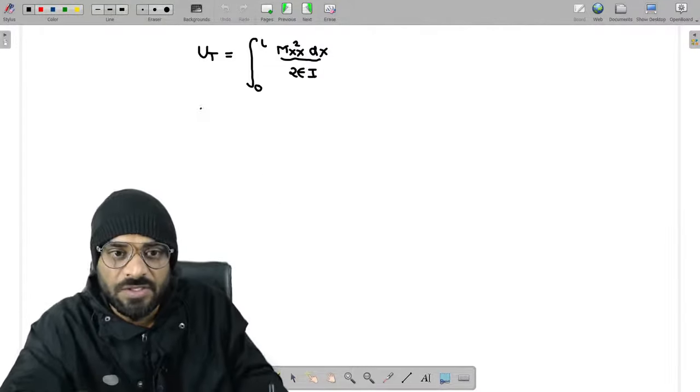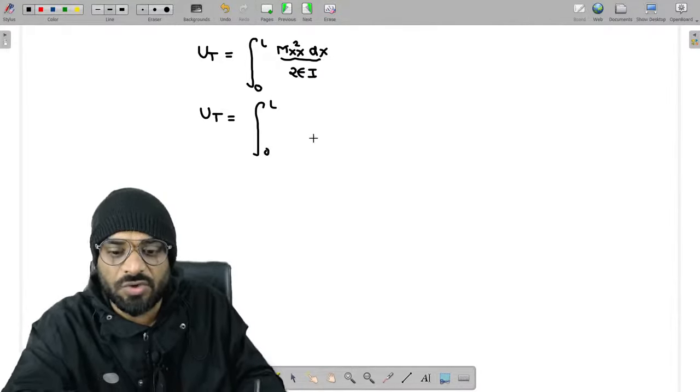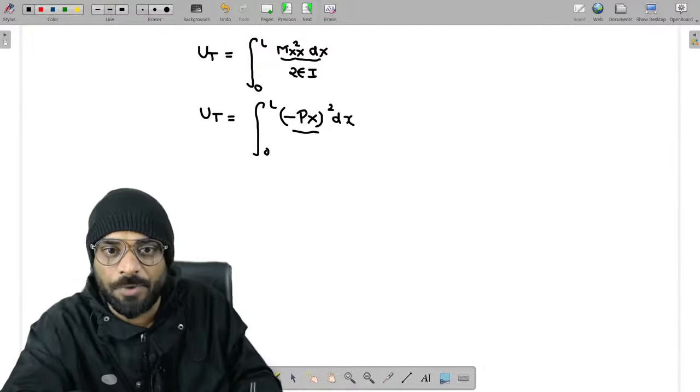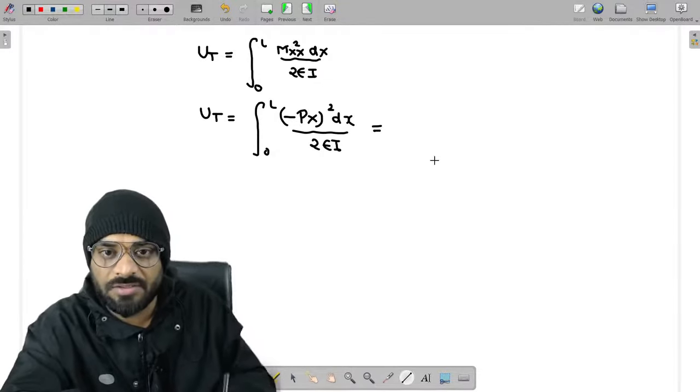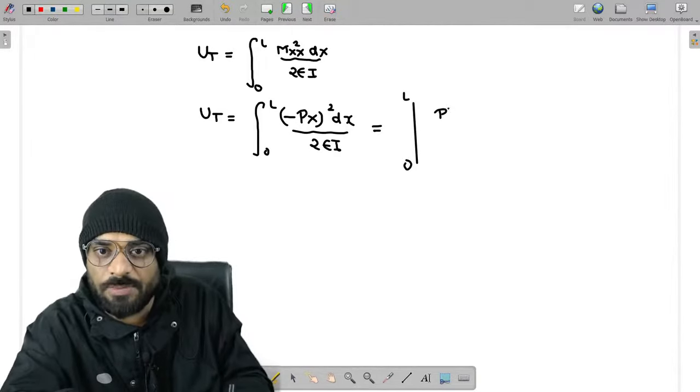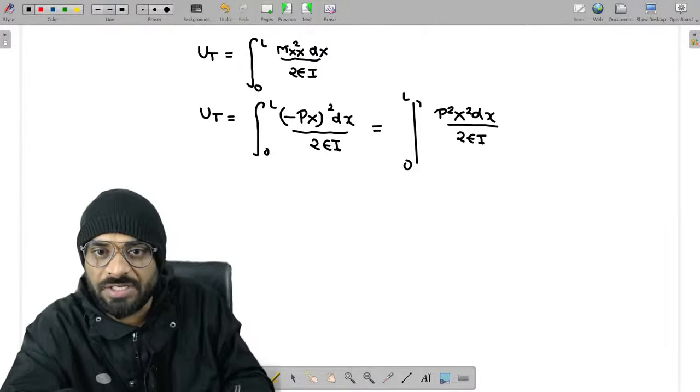So total strain energy is equal to integration 0 to L of minus Px whole square dx upon 2EI. Now let's do the integration and then we will put the limit, 0 to L. So this value will become P square x square dx divided by 2EI, and we have to integrate it right now.